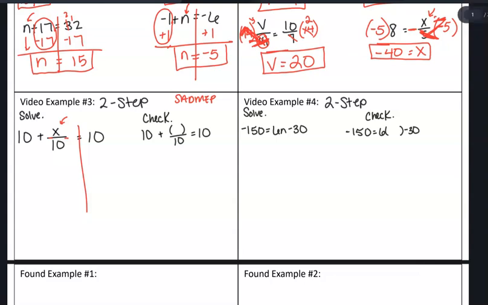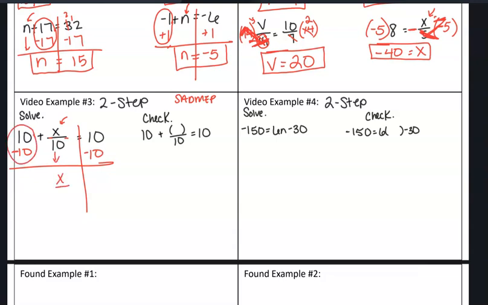So if you bear with me for a second, here's the variable. It's being divided by 10, and all of that is being added to 10. So we want to work from the outside in. So our first step is going to be subtracting 10, and whatever I write on one side of that line, I have to write on the other. 10 minus 10 is 0.